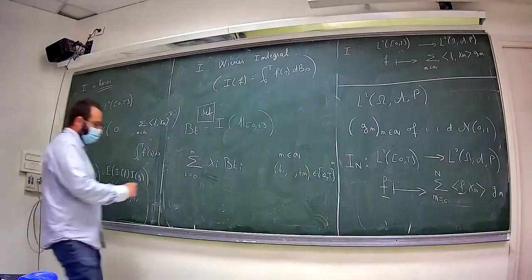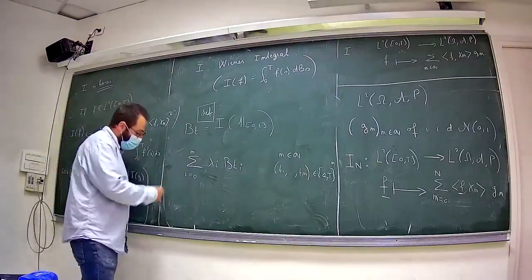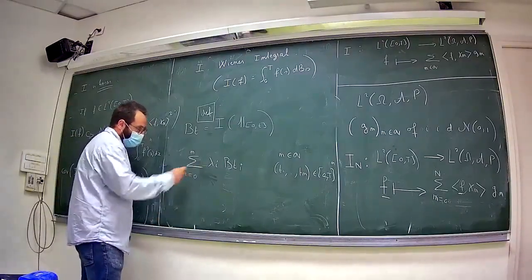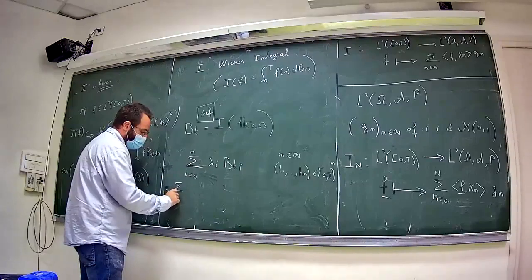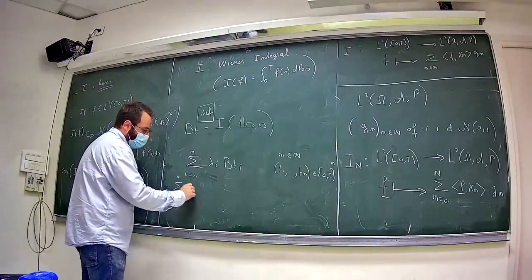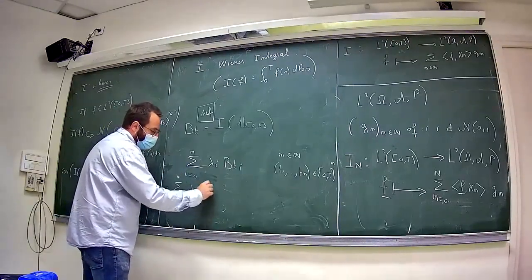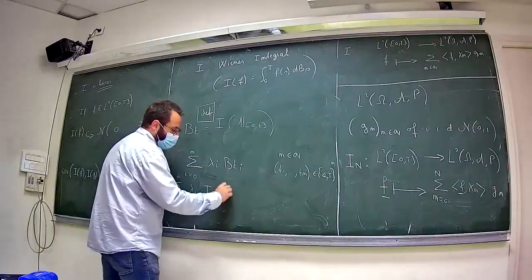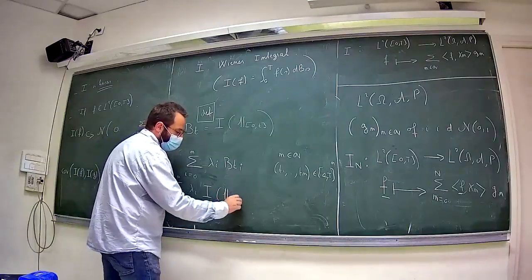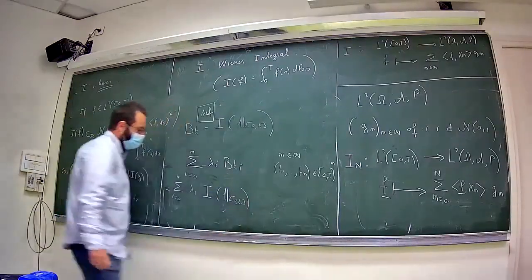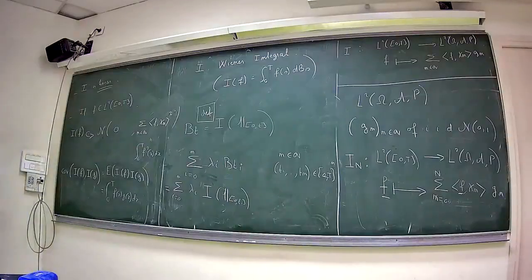And why do I have a Gaussian random variable if I do this? Keep in mind that I have done all this job for this. I can write this as the sum from i equal to 0 to n, lambda_i I of the indicator function of [0,t_i]. But what can I use? What I know about I is linear. I is a linear mapping.